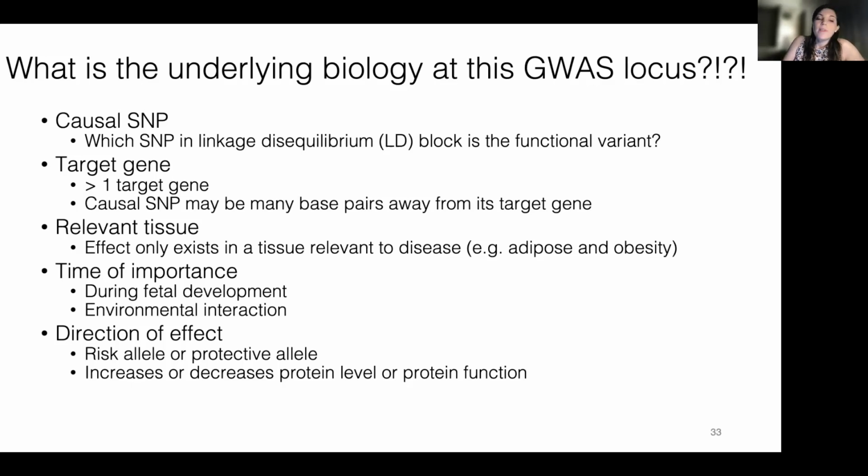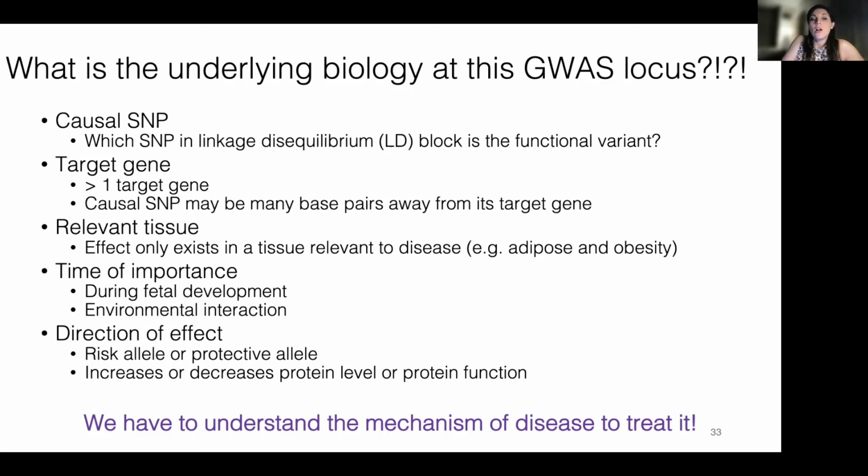And then the direction of effect is important. So when you perform a GWAS, you want to know which of the alleles in the genetic variation is increasing your risk of disease or potentially decreasing your risk of disease or whatever quantitative trait. And then what might be increasing or decreasing a protein level or function.